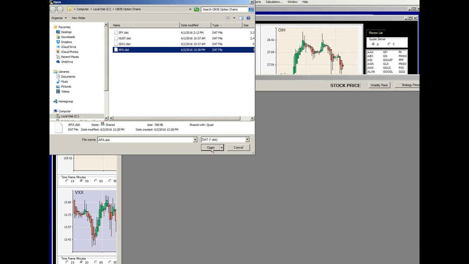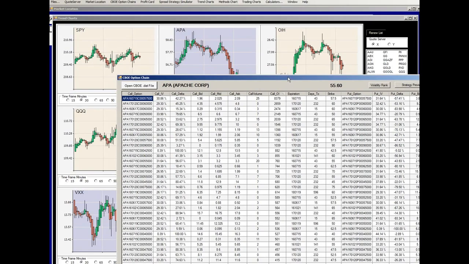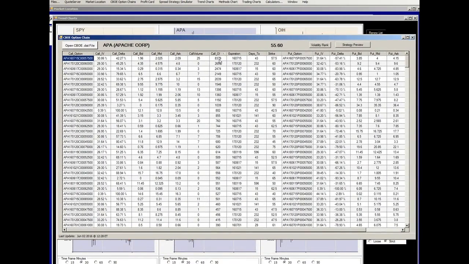Now, one thing we did was, in anticipation of a potential trade in Apache, we downloaded the Apache option chain from the CBOE. And again, the first thing we usually do is we'll just flip on call open interest, and we can see that open interest is decent.